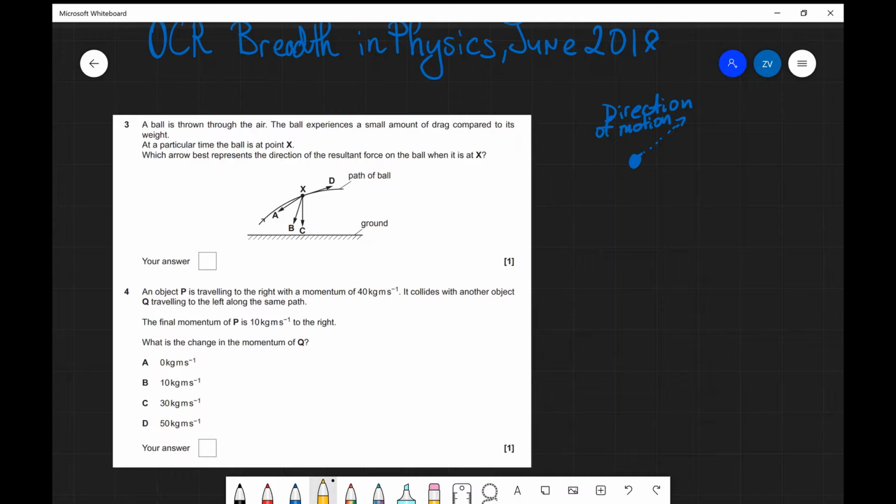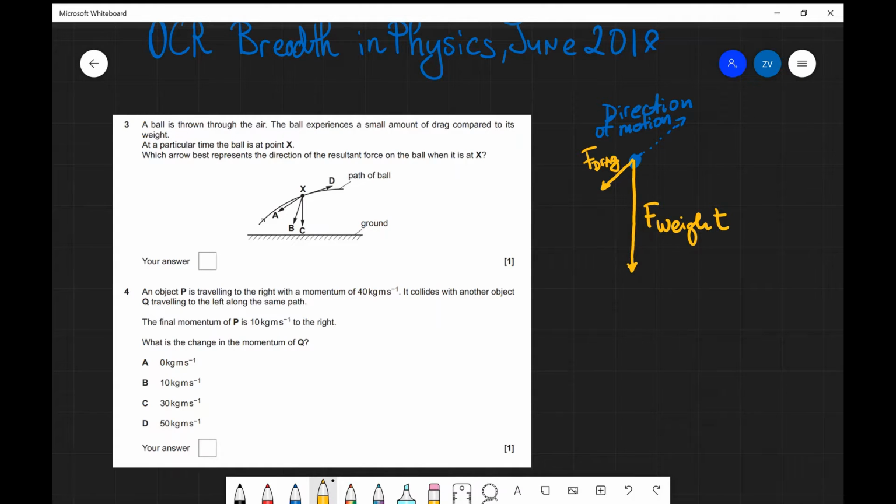So I'm going to draw all my forces here using my yellow marker, and there's going to be a drag force just over here, and I'm just going to call that F drag. There's also going to be a force pulling this ball vertically downwards. This is of course the weight, which is considerably bigger in this case. So this is the weight.